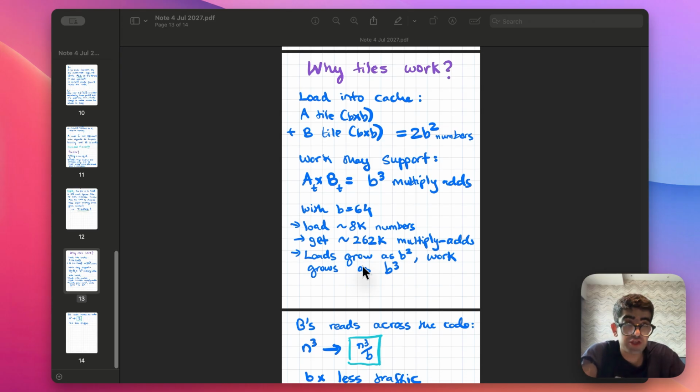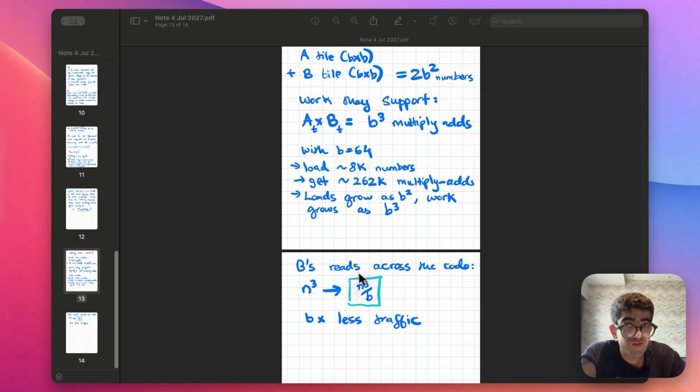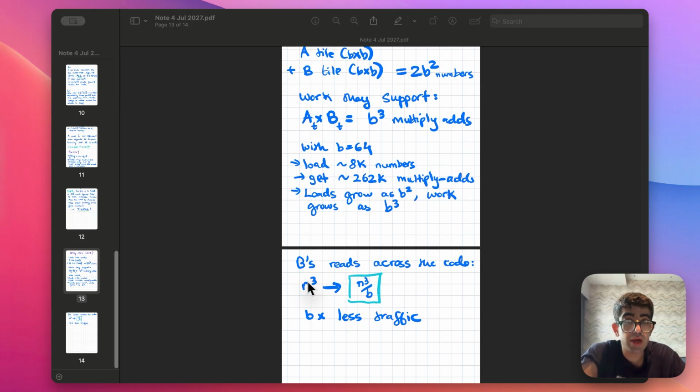Every number we fetch now pays for itself multiple times over, and crucially, this applies to both matrices at once, not just one or the other. So we don't have any more of the lopsided reuse. And the total effect of this is that B's reads collapse from n cubed to n cubed over B. So that's roughly B times less traffic.